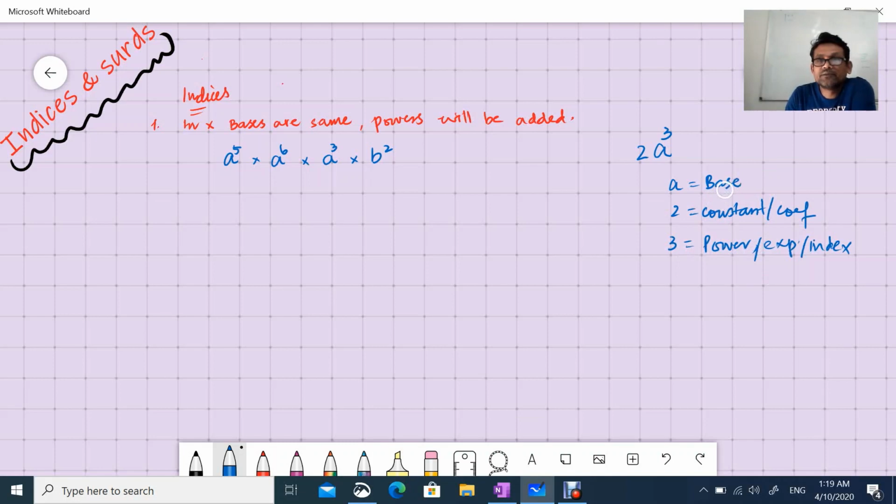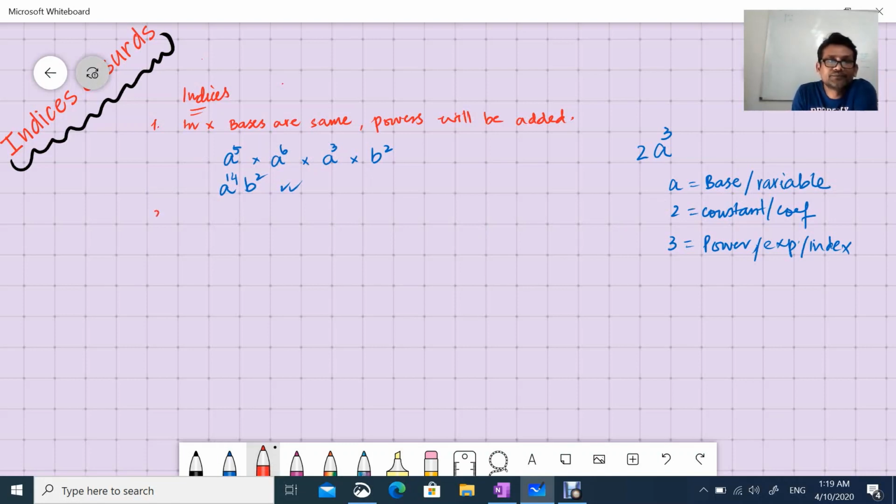The base we can also call the variable. When the bases are the same, the powers will be added, so the power will be 5 plus 6 is 11, plus 3 is 14, but b will remain the same. We cannot add b.